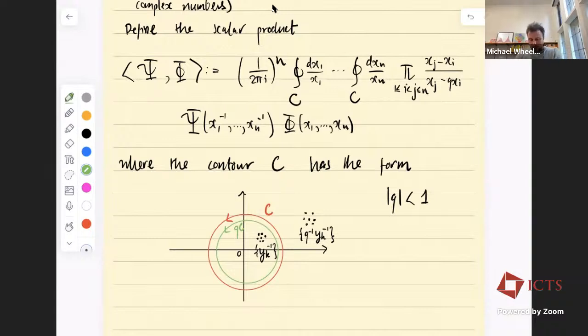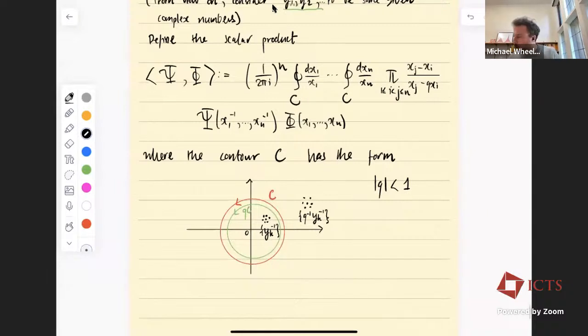The only reason why we care about whether the points y_k inverse are enclosed or not is that we're going to find that those are the poles of the functions that we look at. So that's going to be the scalar product.